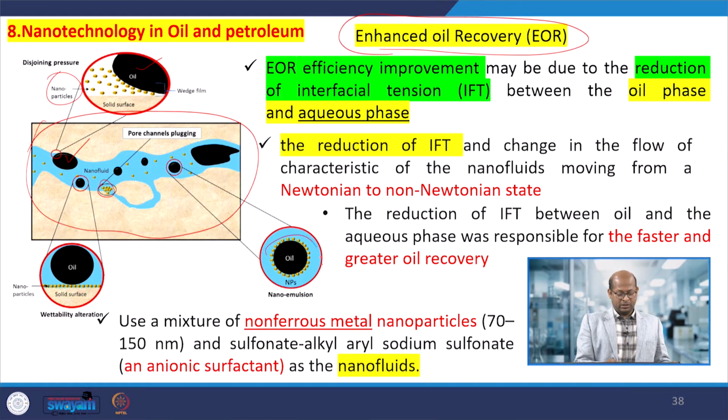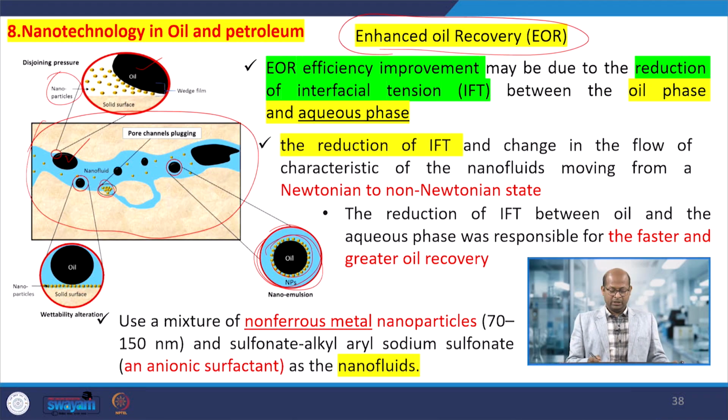That can form a nano emulsion, that type of structure formation is there. So, that is how nanotechnology, nanofluids and nanomaterials are useful for oil recovery from the rig.